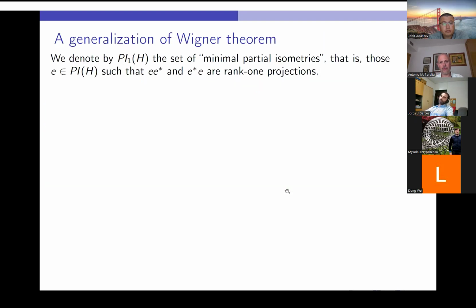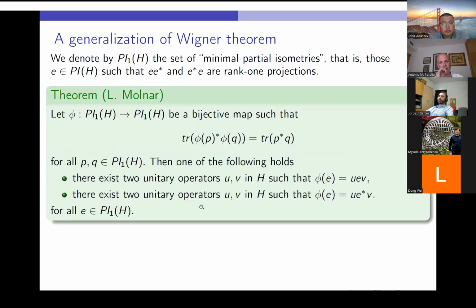Similarly, with a generalization of transition probabilities for partial isometries, he proves this result that can be seen as a generalization of Wigner's theorem, right?